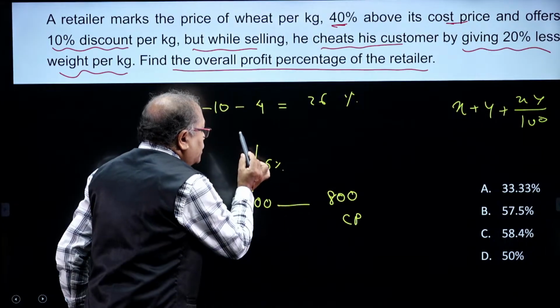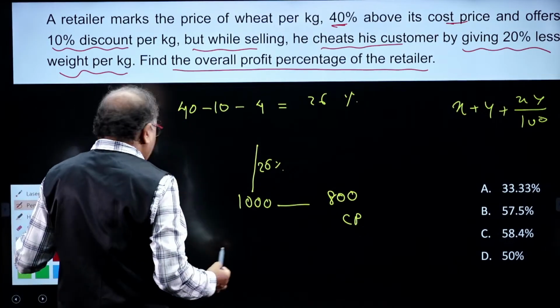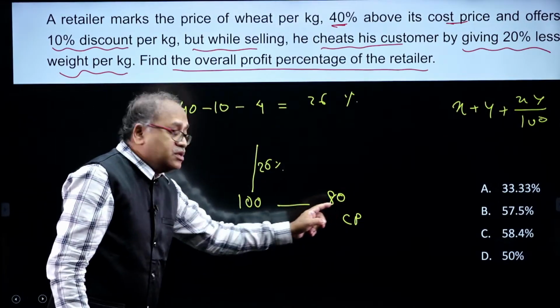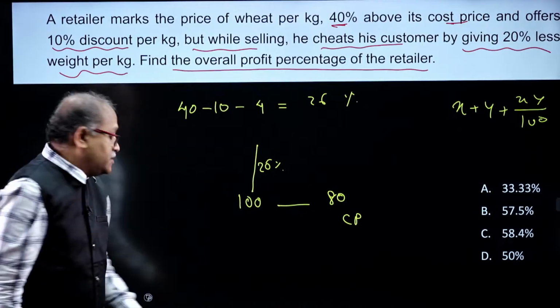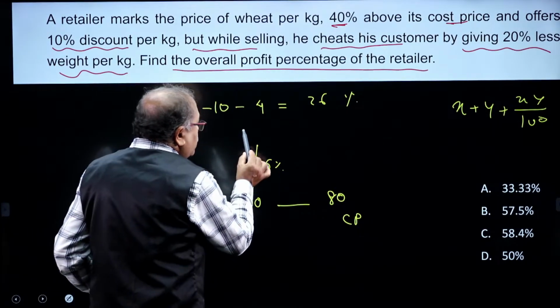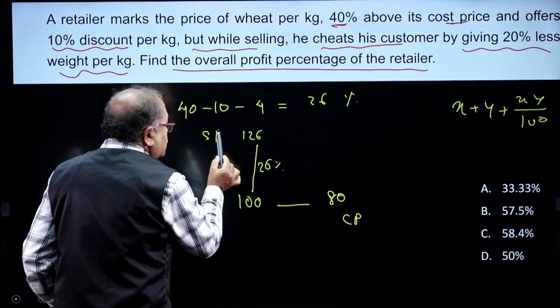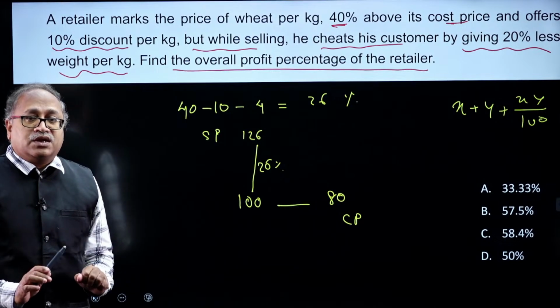Can I make it little easier by taking the 100 this one, then 80 this one, and 26% of 100 is nothing but 26. So, here I will be taking this as 126 and this is your selling price. This is the best method to answer the questions like this.